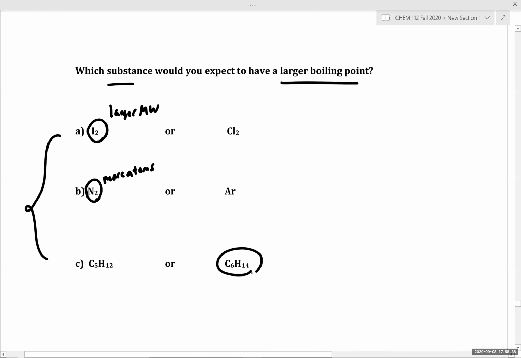And C6H14 wins out because we have a larger molar mass. Perfect. And the responses I see in the chat look great. Do these examples make sense to everyone?